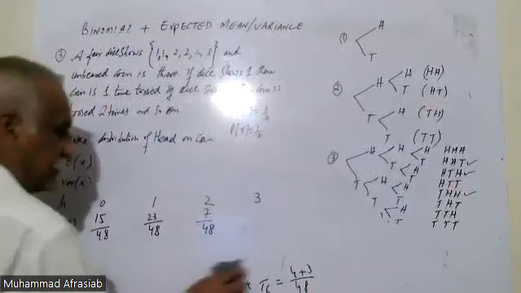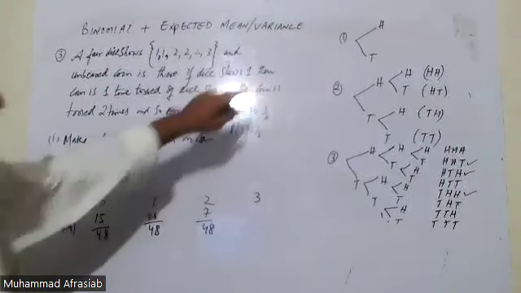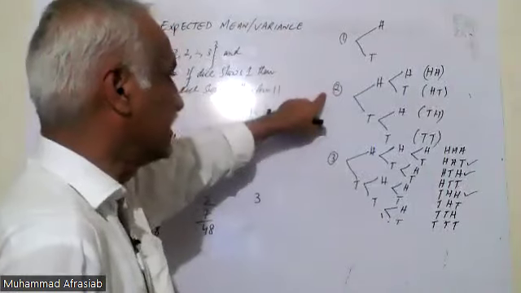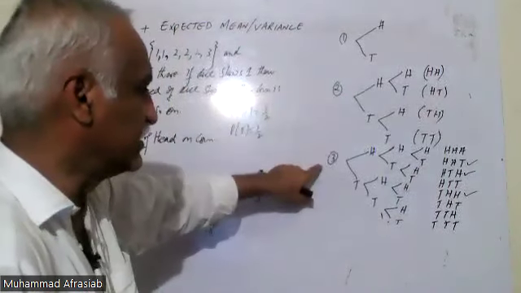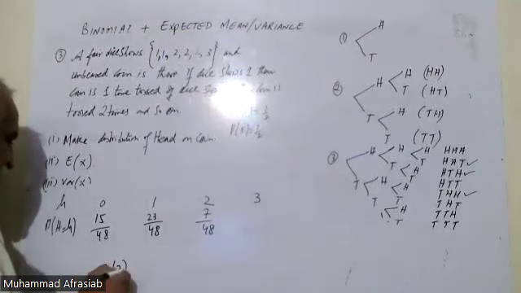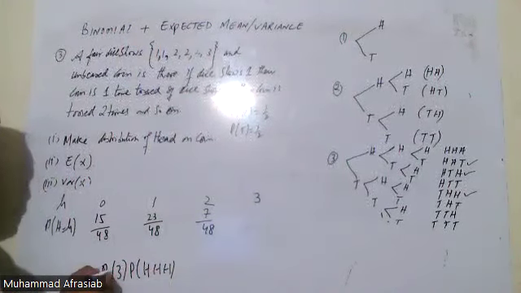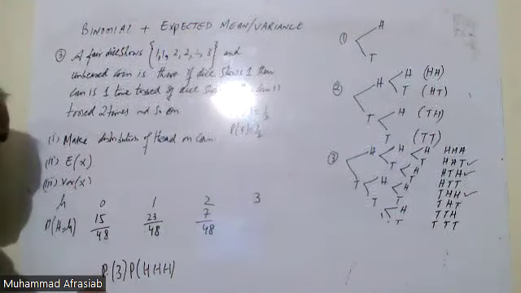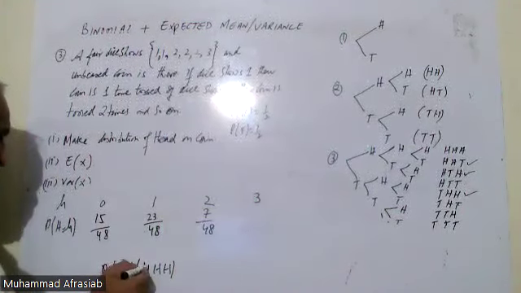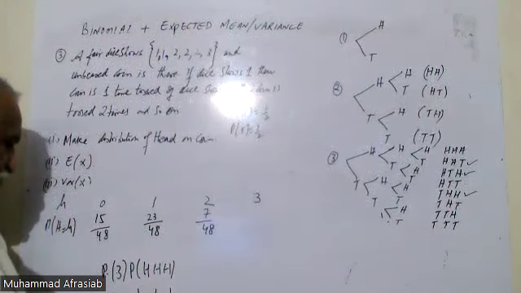Now, the last option is when three heads are there. It means neither the first nor the second part contributes, because there can only be two heads there. So there is only one combination, with the probability of 3 times the probability of head. The probability of 3 is 1 by 6, into probability of head, 1 by 2, into 1 by 2, into 1 by 2.